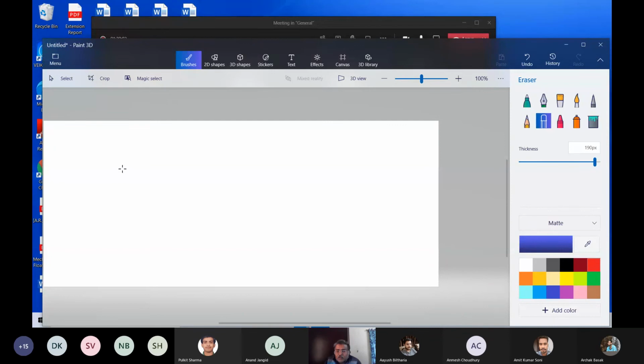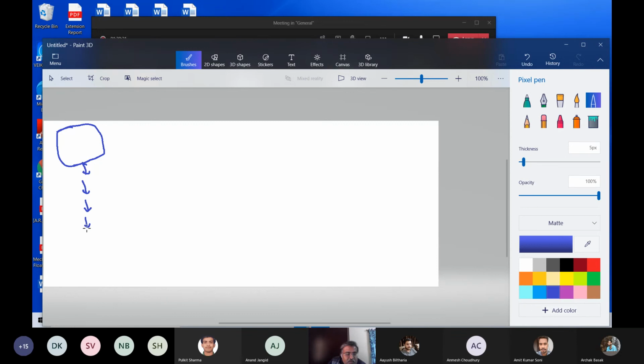Now, we did say that there is a large eddy, and this large eddy goes down further and further into a smallest eddy, which dissipates itself as heat.